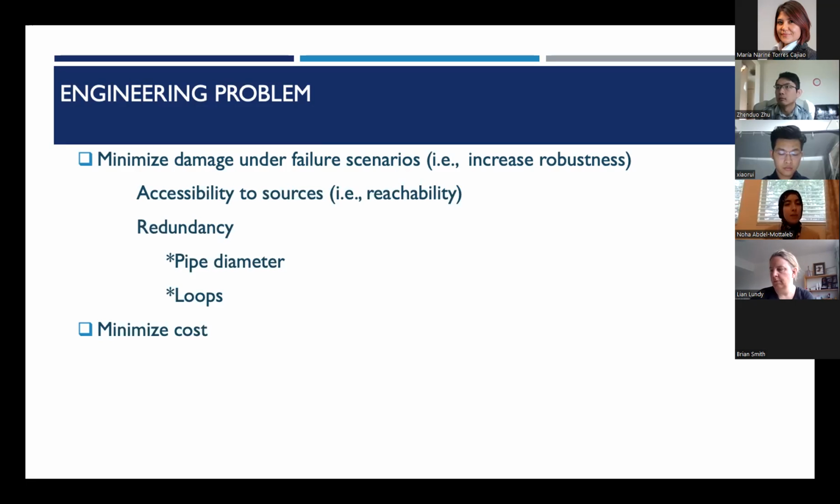And so, like I mentioned a minute ago, that has to do with redundancy. And redundancies can be imparted in two ways in terms of transmission in a water distribution network: through increasing pipe diameters and through loops. Pipe diameters increase the capacity, and loops increase both the capacity and also the number of flow paths between the sources and the end users.